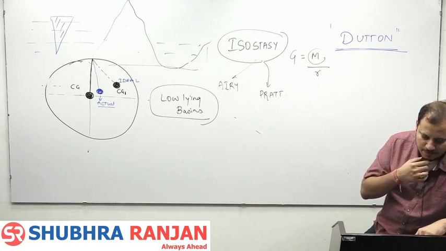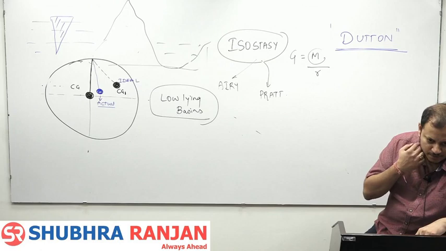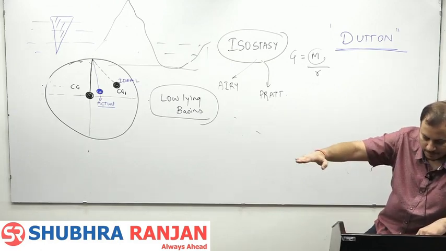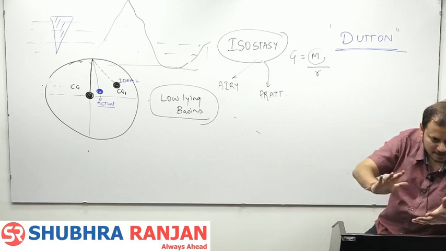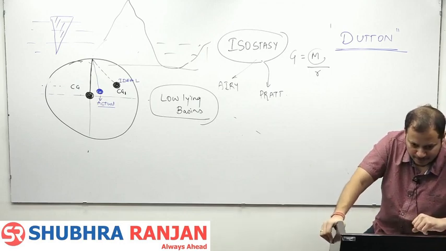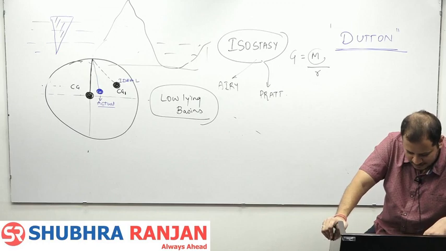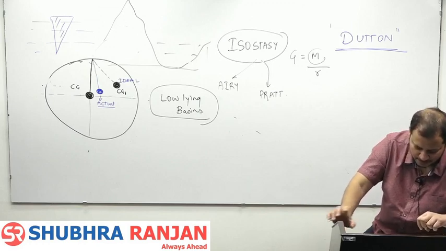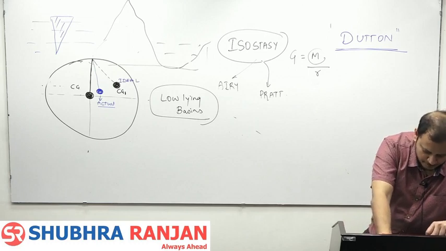Below a certain depth, the pressure along a horizontal line और plane, जो मैंने आपको कहा मैट्रिक्स का एग्जांपल, is uniform everywhere, and this is known as the level of uniform pressure.